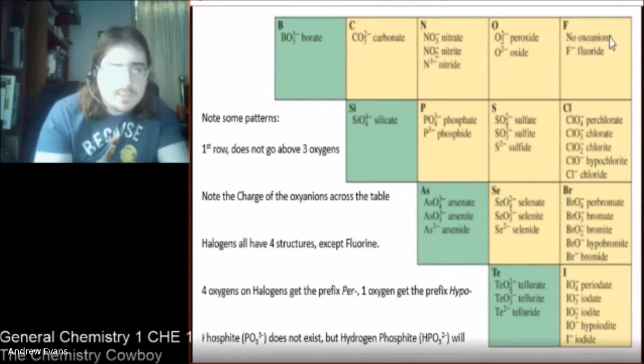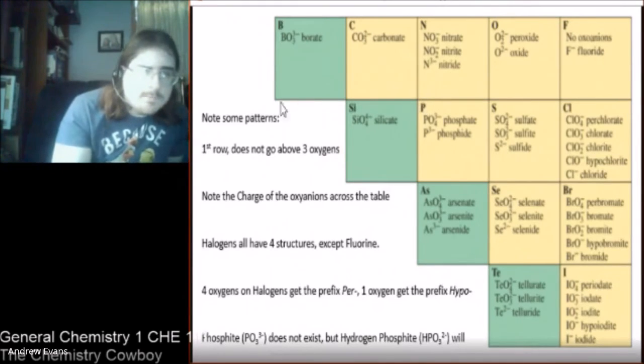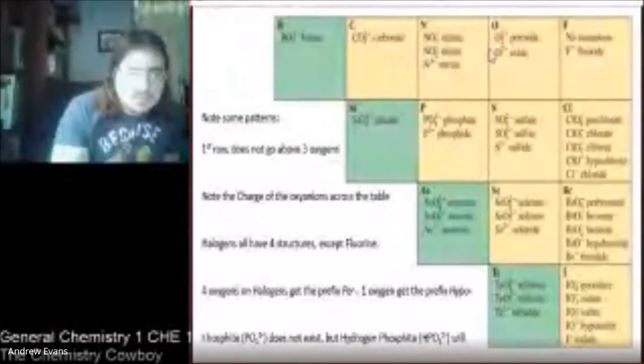There are no oxyanions for fluorine. So the first thing we note is that row 1, when we look at any of these oxyanions, does not go above 3 oxygens. This has to do with how small these atoms are, so they cannot hold more than 3 oxygens.